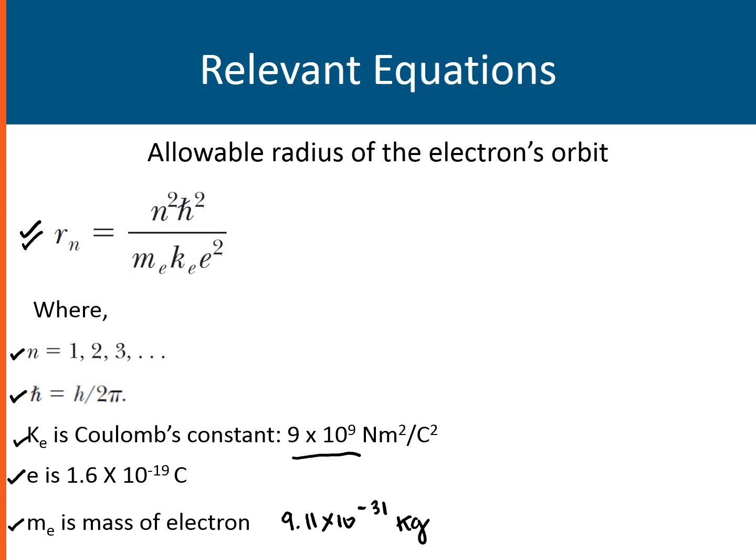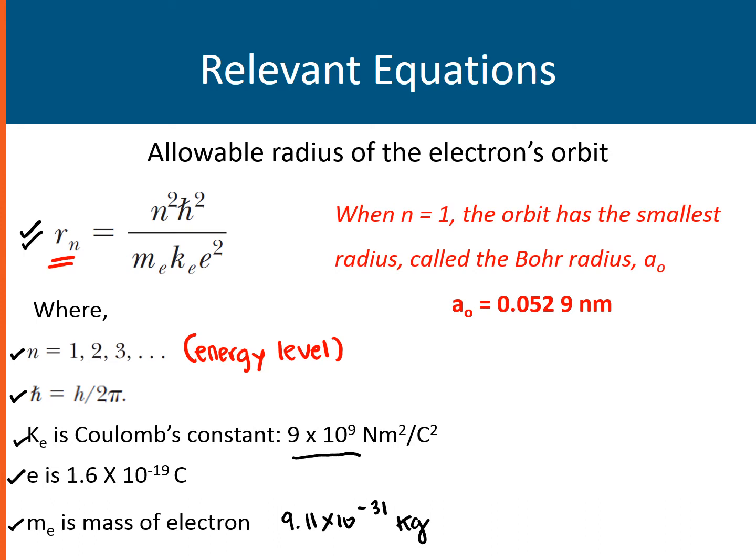Also, I would like to point out that the n here is actually the energy level. So for example, r sub n simply corresponds to the radius of each energy level. When n is equal to 1, the orbit has the smallest radius, and this is called the Bohr radius, or a sub 0, and it has a certain value.